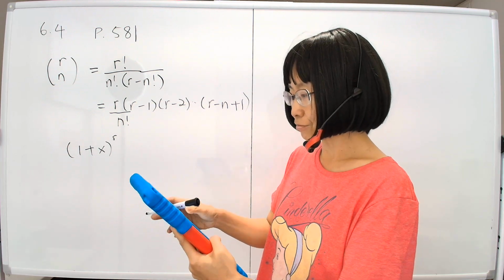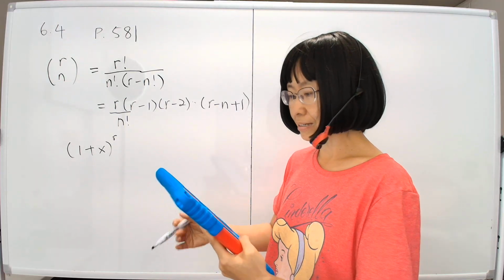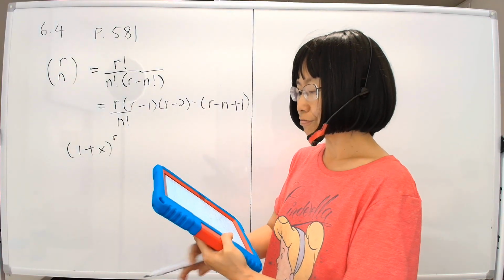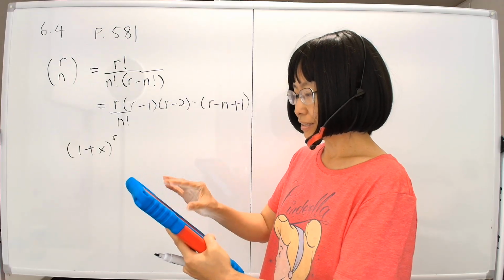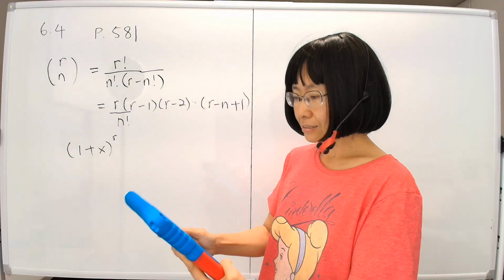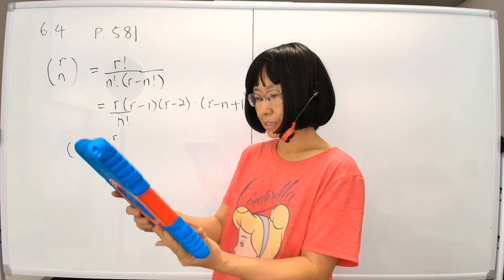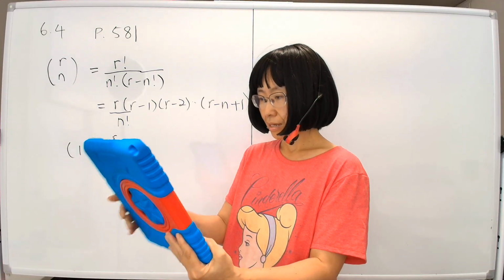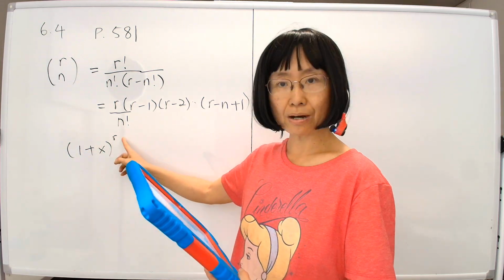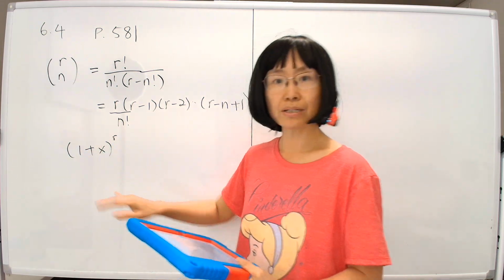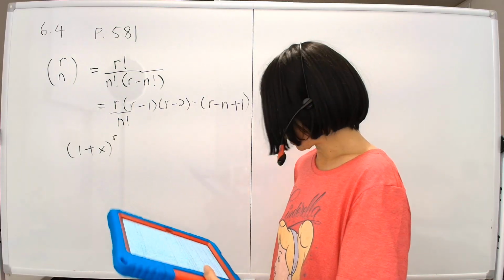To do that, we are going to follow the Taylor series and do it by using the Taylor series expansion. Let's say we have a function which is 1 plus x to the power r, and we want to know the Taylor expansion of this function.